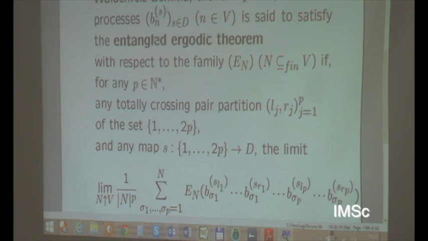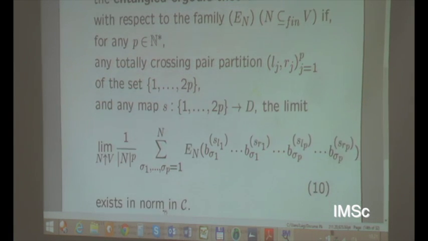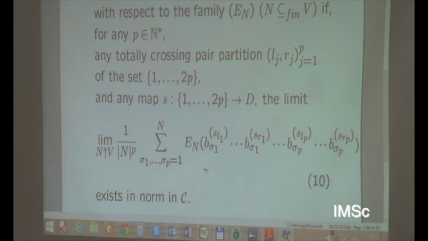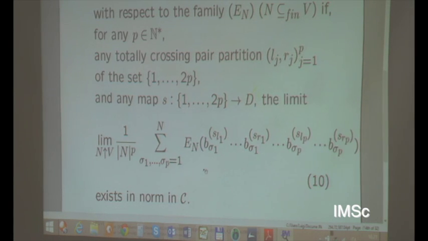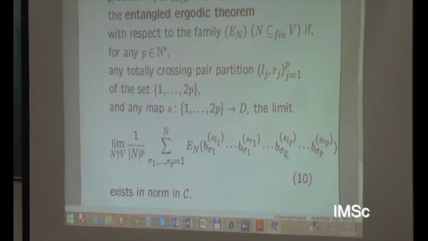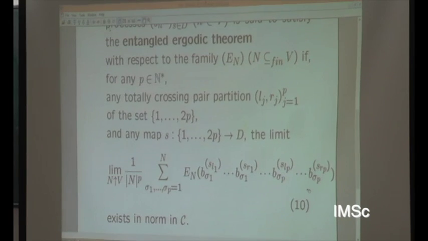This family of operators satisfies the entangled ergodic theorem if the following limit exists in norm in the C space. What is the particularity of the limit? In the von Waldenfels theorem, we have a lemma where we have reduced everything to pair partitions. Notice that here we have exactly the pair partition structure. Sigma 1 is exactly one index equal to sigma 1, sigma 2 is exactly one index equal to sigma 2, and the same for sigma p.